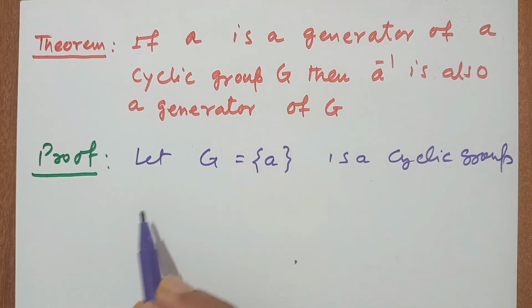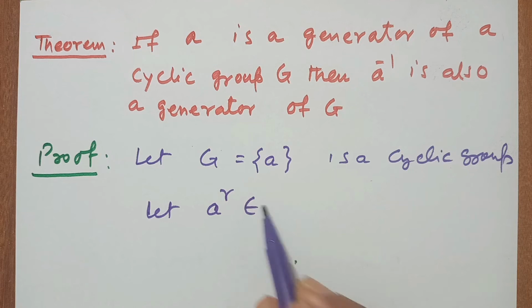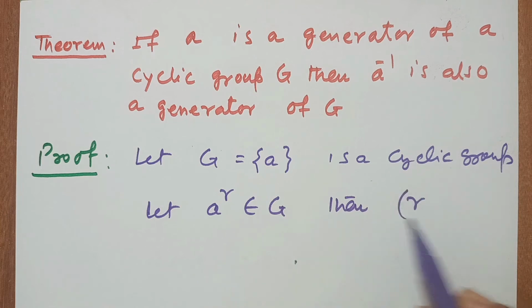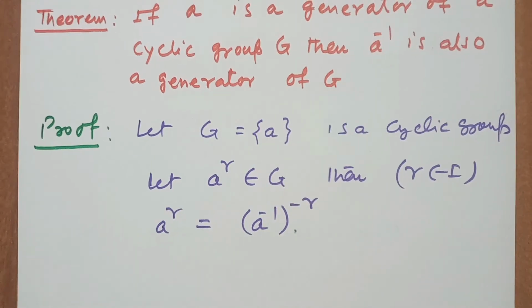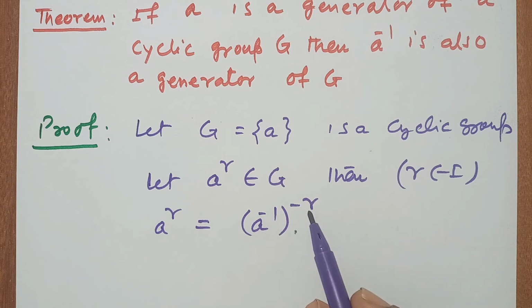Let a^r be any element of G, where r belongs to I. Then a^r equals (a^-1)^(-r), because if r is an integer, then minus r is also an integer.